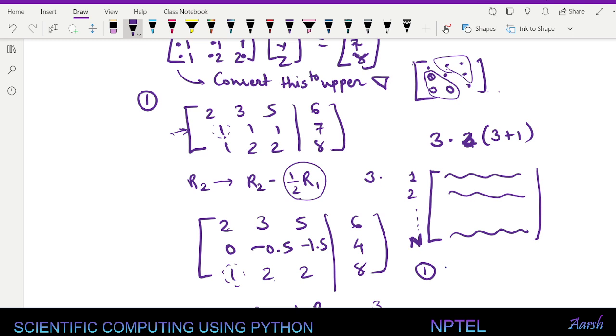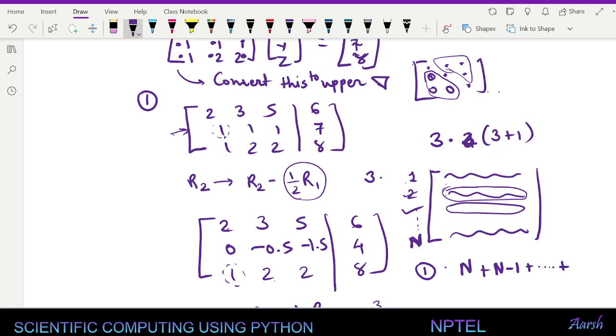So for the first one, to get the second row's entry to 0, we need n multiplications. Now to get the third one, we have to do this one and this one, so we'll get n minus 1.